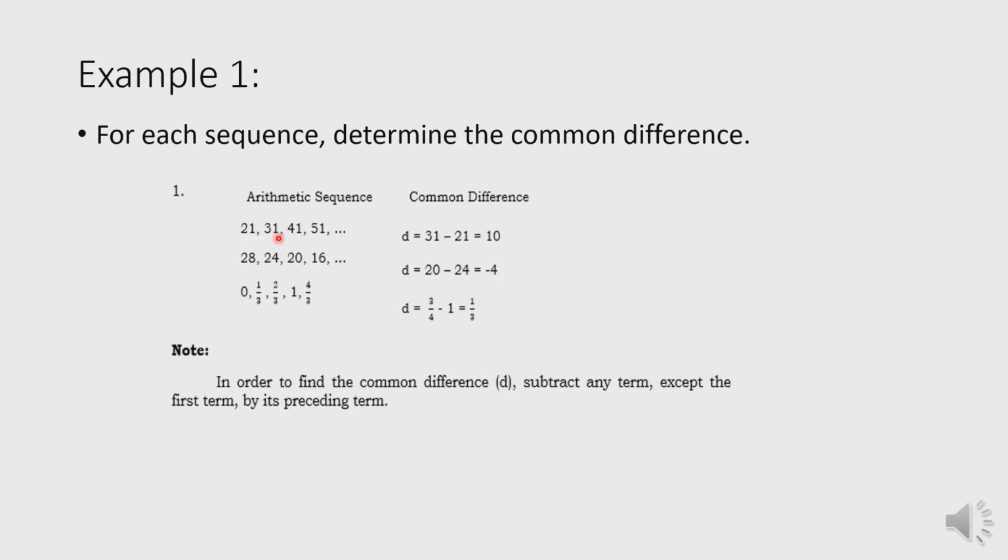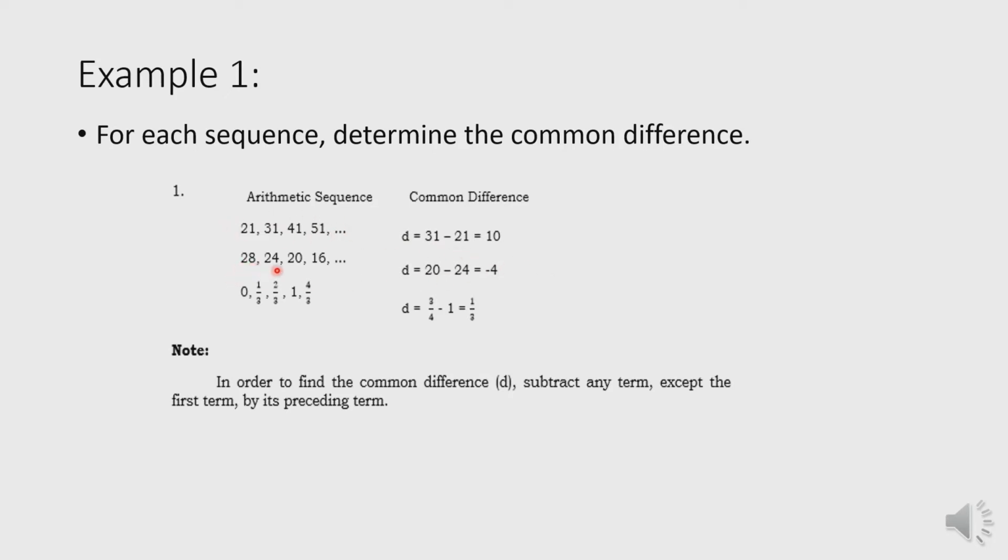The difference between 31 and 21 is 10. 41 and 31 is 10. 51 minus 41 is still 10. So the common difference between these terms of the sequence is 10.